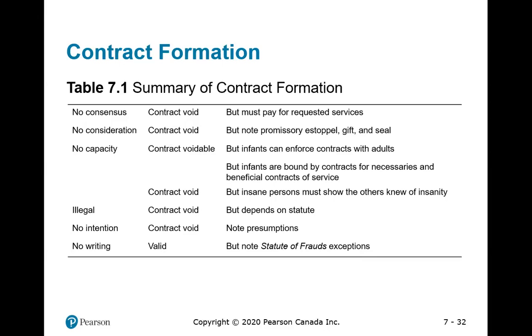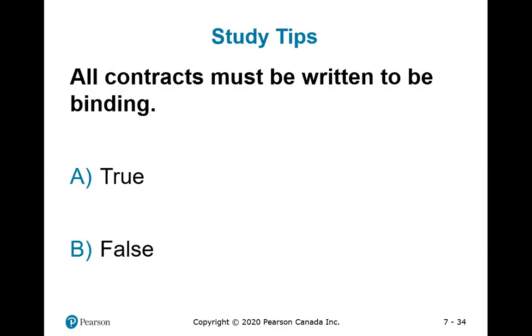There's a contract, but it's not binding on the minor. Illegal contract, void. Illegal subject matter, no intention, also void. Remember the presumptions. We got to be cautious here. And no writing. It's a valid contract, but not enforceable in courts, but only for some specific contracts, not all. The general rule is that writing is not required.